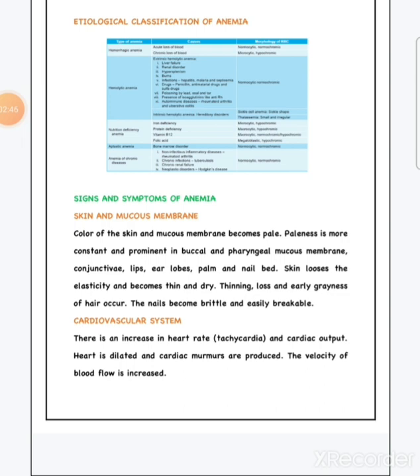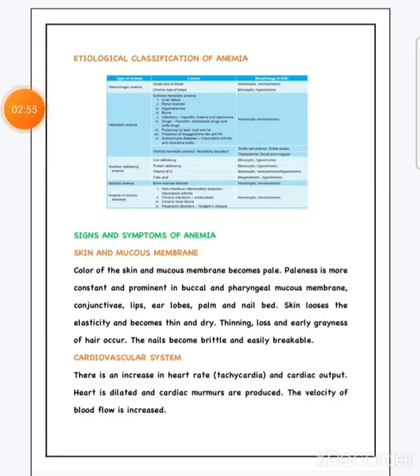Now, etiological classification of anemia. Now, type of anemia, causes and morphology of RBC. Hemorrhagic anemia: its cause is acute loss of blood or chronic loss of blood.